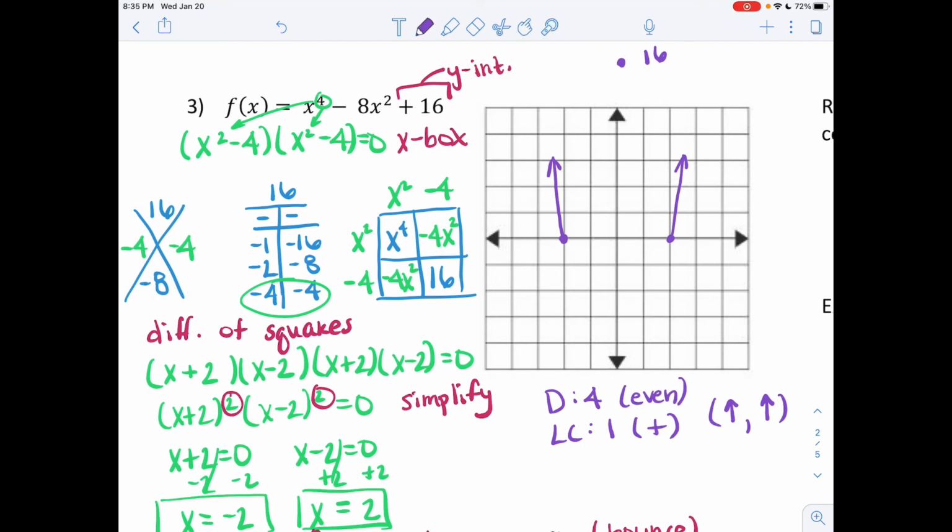So it's going to look something like this. I'm going to come down and go up to 16, come back down, hit negative 2, and keep going up. So that's what we mean by bounce. Let's go ahead and label this as a bounce. That means that the solution occurred twice.